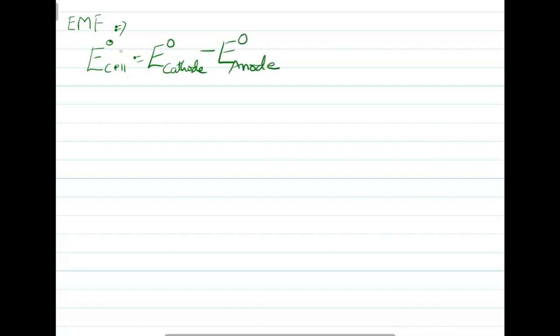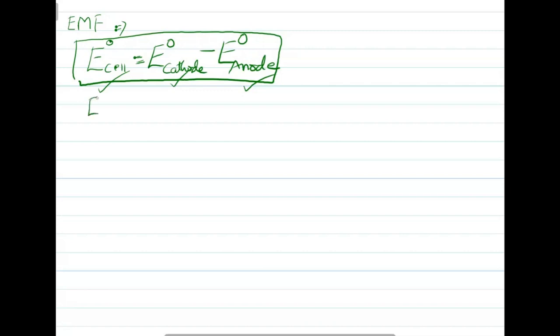This is the way to calculate the EMF of the cell, which is also called the cell potential. Once you know the cathode electrode potential and the anode electrode potential, you can calculate the cell potential.